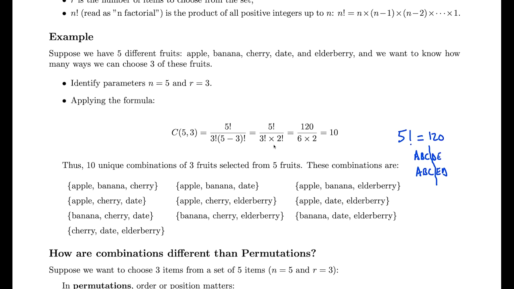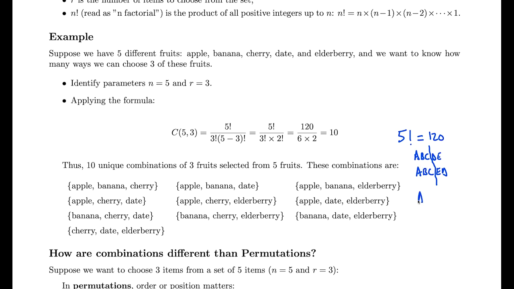So why the 3 factorial? Well, in this combination formula, we're not concerned with the arrangement or order of the objects that we do select. We don't care that A came first, then B was second, and then C was third. We're just putting it into a fruit salad. So it doesn't matter what order we've selected these 3.